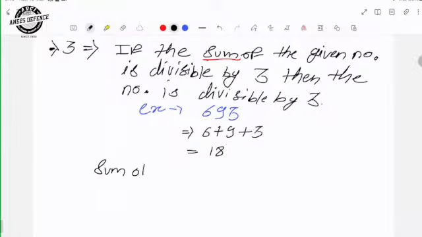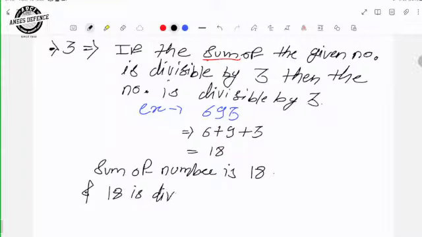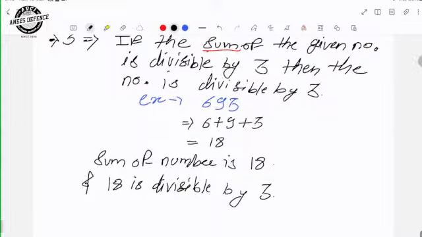The sum is 18, and this 18 is divisible by 3. So when 18 is divisible by 3, then the number itself will be divisible by 3.